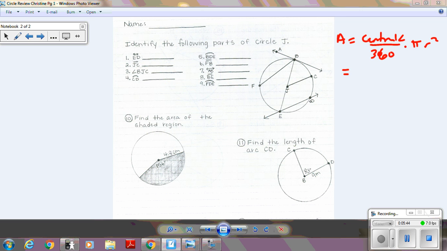So in this case, the central angle of our arc is 156 degrees. The radius of our circle is 4.8. So now we just grab our calculator and type it all in to get the result.